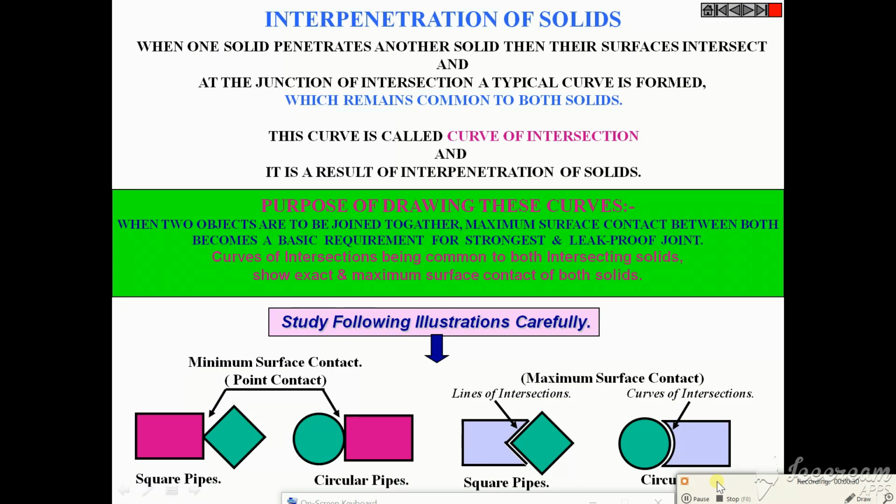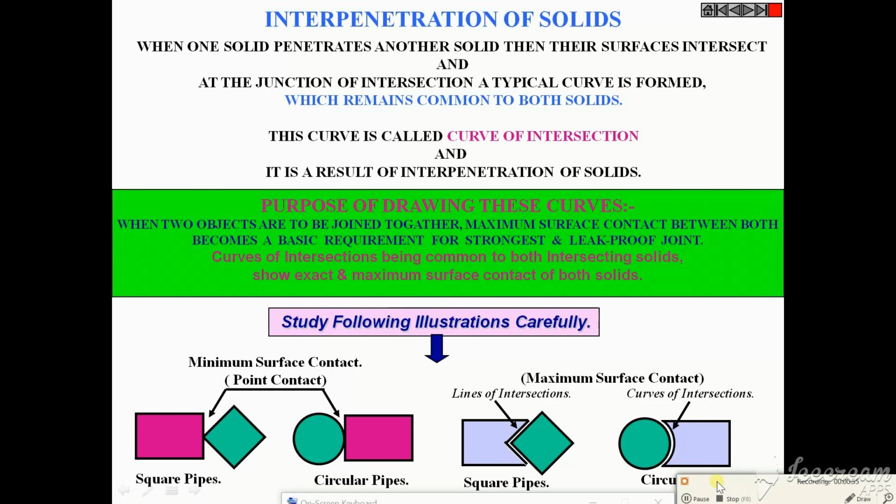Some illustrations are given. Before that, we will see the interpenetration of the solids. When one solid penetrates another solid, then their surfaces intersect, and at the junction, the intersection, a typical curve is formed which remains common to both the solids.